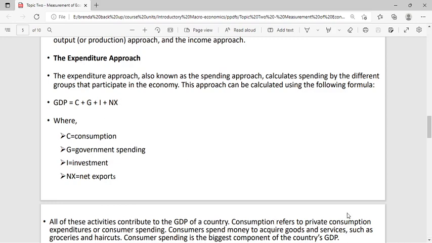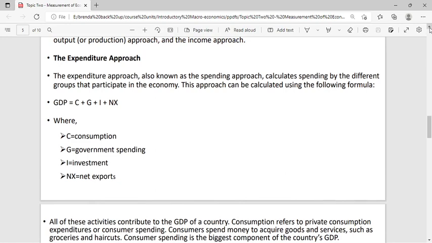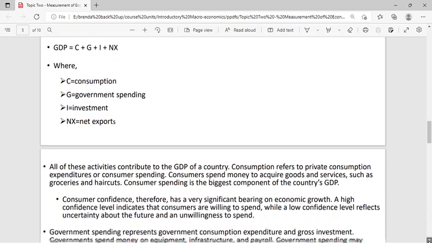So the sum of this all gives us the gross domestic product. And please note that for these three approaches, the expenditure approach, the production approach, and the income approach, when calculated accurately, they should all give the same answer. These are just different methods, but they should arrive at the same growth rate.